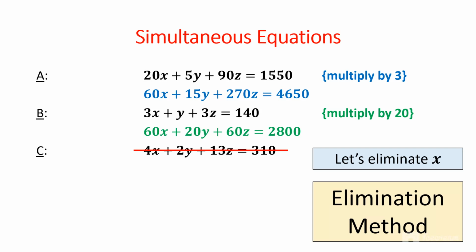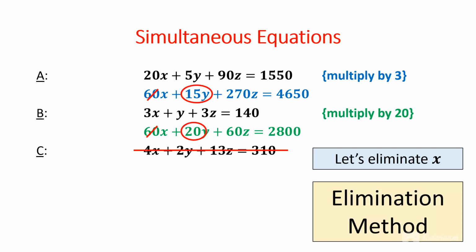Now, the purpose of what we've done is create 2 new equations, and notice both of them have the same coefficient for x. That's how we're going to eliminate them. We're going to subtract them. 60x minus 60x is 0, which eliminates.